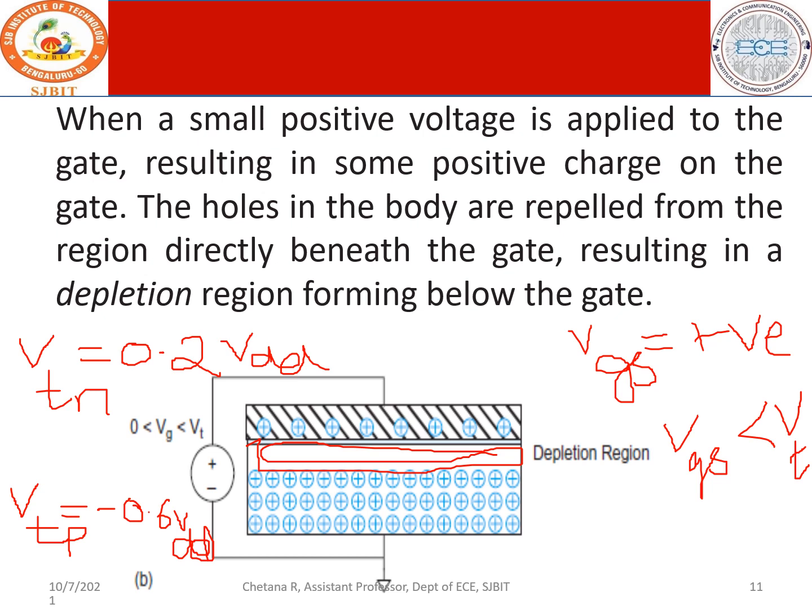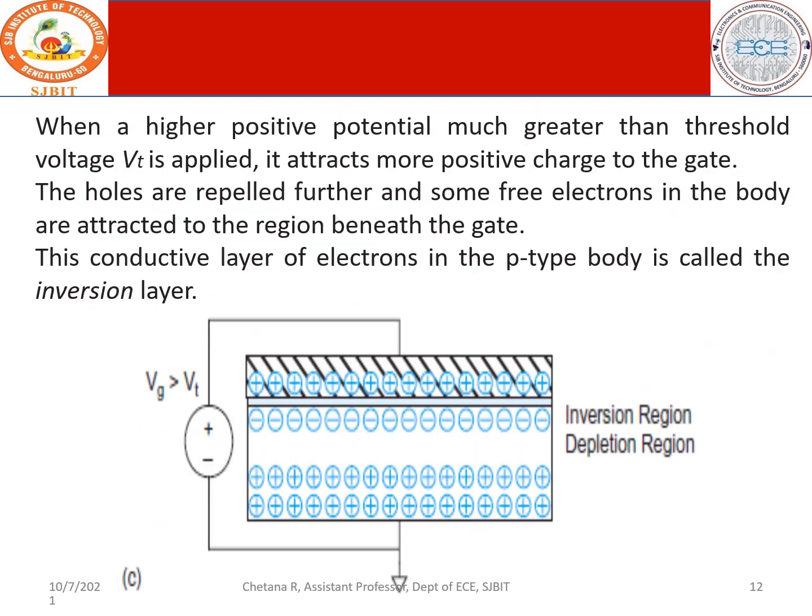Second case, we give the voltage VGS such that it is positive and less than the threshold voltage. Therefore, positive ions are formed and the positive ions in the substrate layer repel and a depletion region is formed.